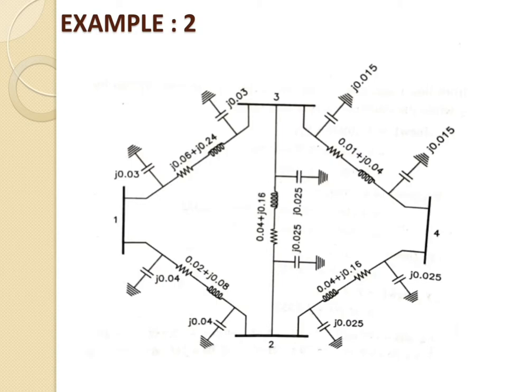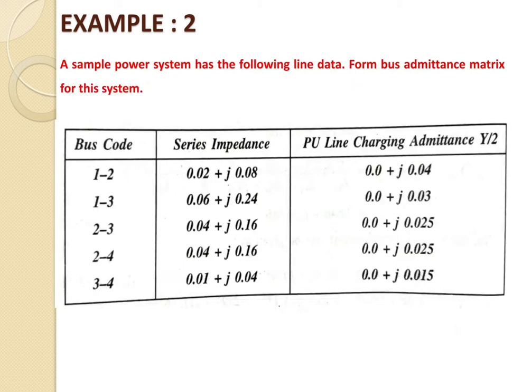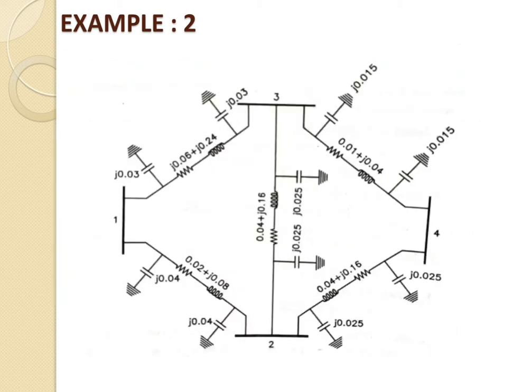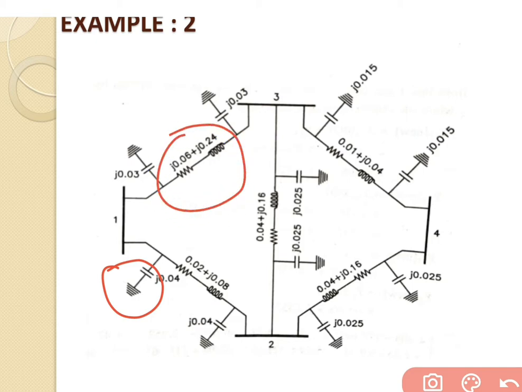From the figure we can say there are a total of 4 buses, bus number 1, 2, 3 and 4, and each line has a series impedance as well as a shunt admittance, which is already shown inside the figure. Whatever this part is, it is considered as a shunt admittance, whereas this is considered as a series impedance.